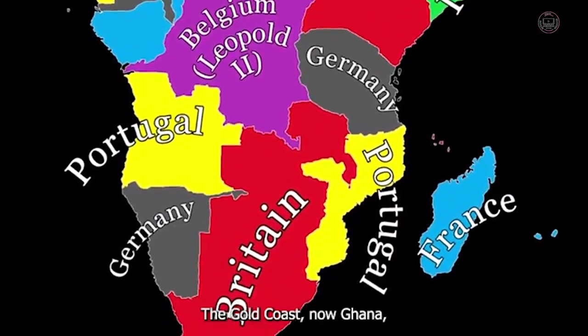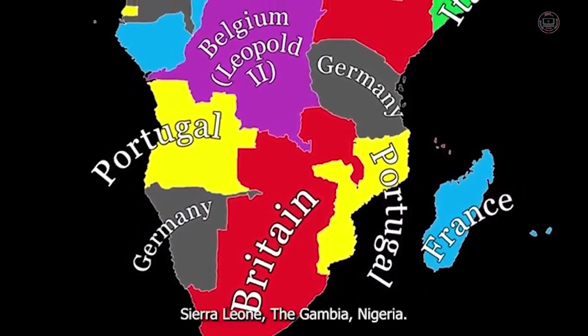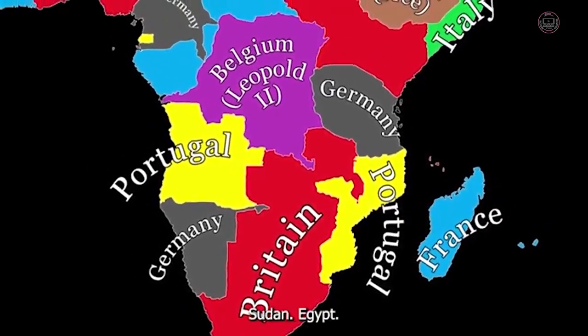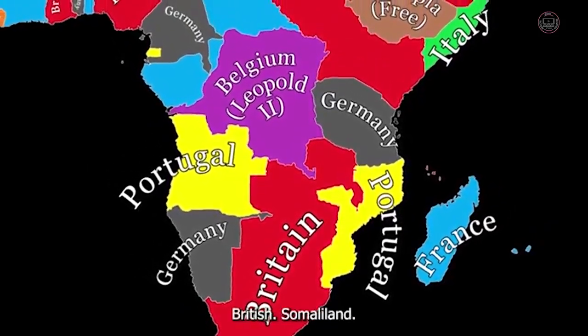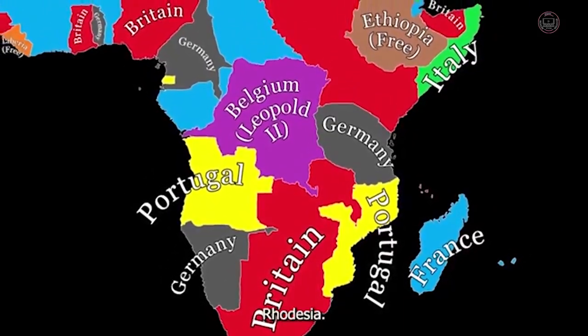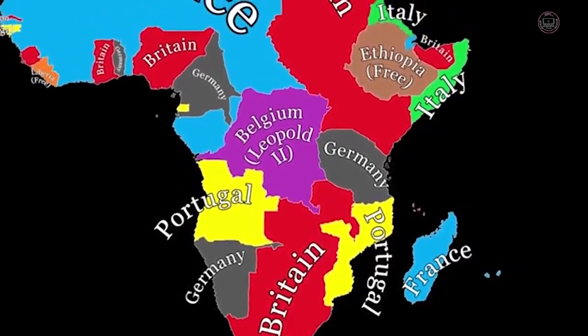The Gold Coast, now Ghana, Sierra Leone, the Gambia, Nigeria, Sudan, Egypt, British Somaliland, Uganda, British East Africa, Rhodesia, and South Africa were taken by Great Britain.